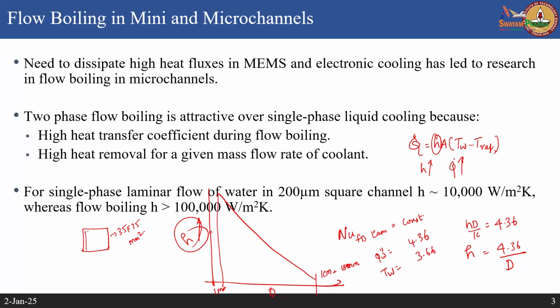Instead of having maybe a 1 millimeter channel, I can use 200 micron diameter channels, multiple of them in a parallel arrangement, and I can connect all of them together. I can supply the fluid like this, it goes through all the channels and then comes out. So, if I have many micro channels, each smaller in size and more in number, I am going to enhance my heat transfer coefficient significantly, and thereby I get very high heat transfer rates.